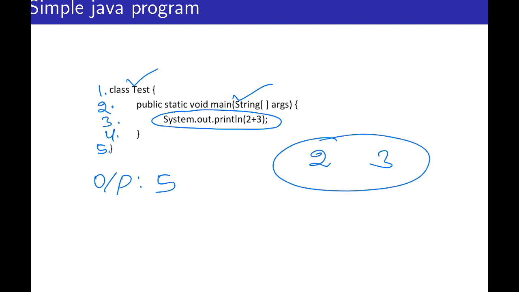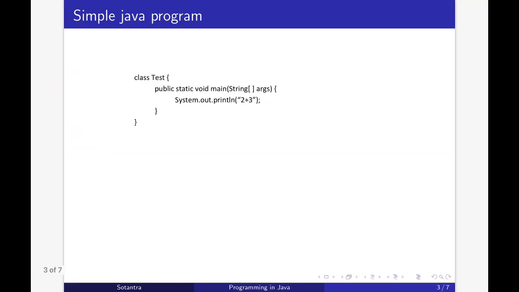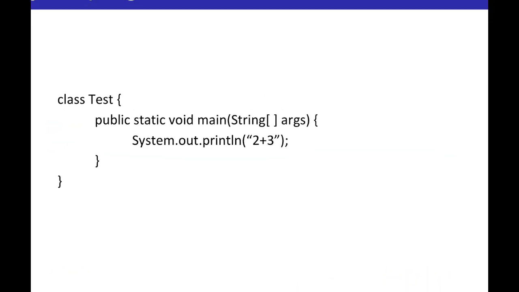But if we write 2 plus 3 inside double quotes, then what is going to happen? Line number 1 and line number 2 are the same as the previous one, but in line number 3 there is a change, and lines 4 and 5 are also the same.